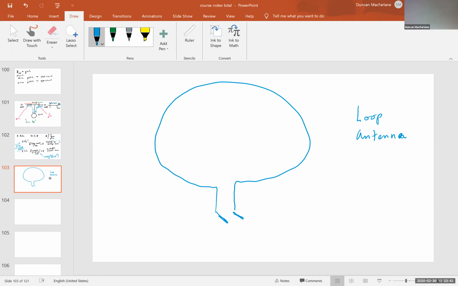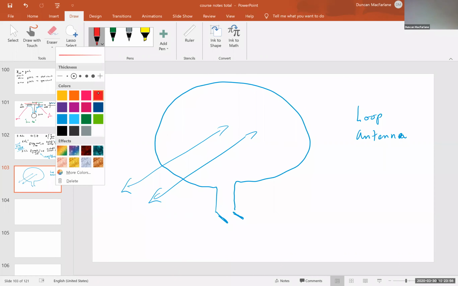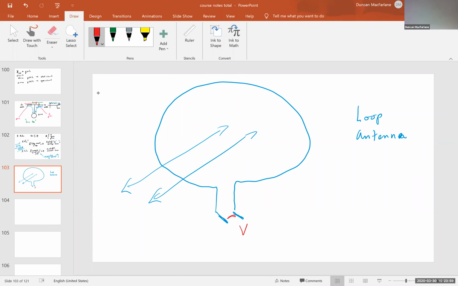What happens is the electromagnetic fields flow back and forth through the loop, and the loop acts like a net, and there is a voltage induced between these two leads that's proportional to the high frequency fields.